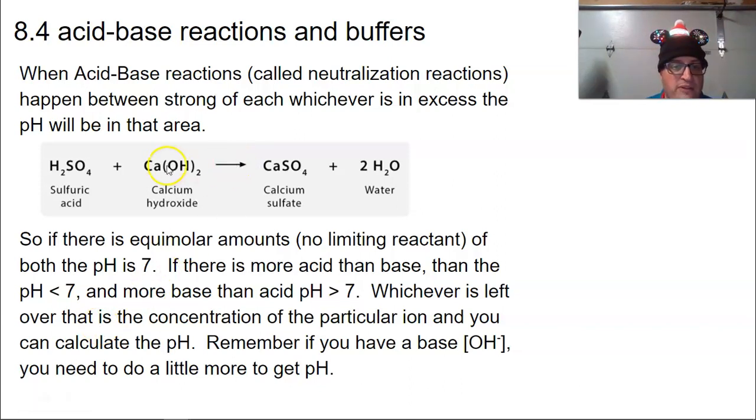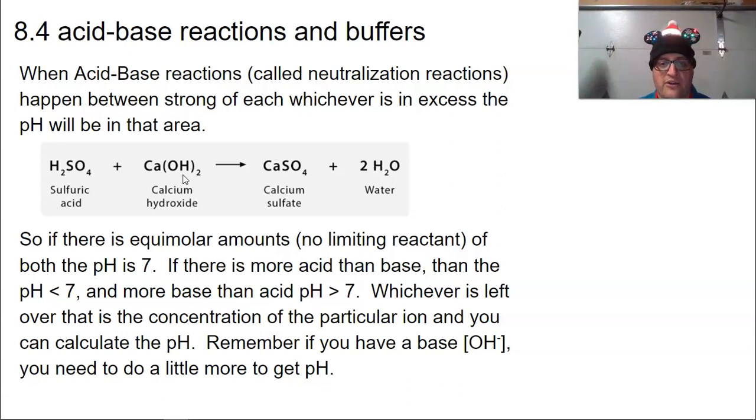So, for example, if there was 1 mole of this and 1.1 moles of this, 1 mole of this would neutralize 1 mole of this, leaving 0.1 moles of hydroxide. However, this is calcium hydroxide, so it'd be 0.2 moles of hydroxide ion.